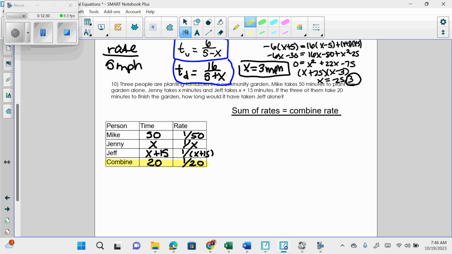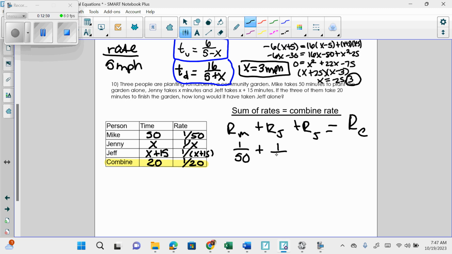So the rate at which Mike can clear a garden by himself, plus the rate at which Jenny can clear a garden by herself, plus the rate at which Jeff clears a garden by himself, gives us the combined rate. So Mike's rate is 1 over 50.